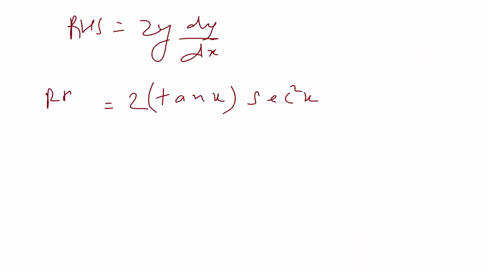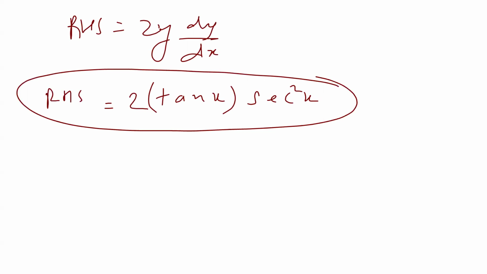This is your final RHS. If you have copied, just tell me, are the LHS and RHS terms same? Yes. Okay, so they are same. So that's how we'll prove this particular problem.